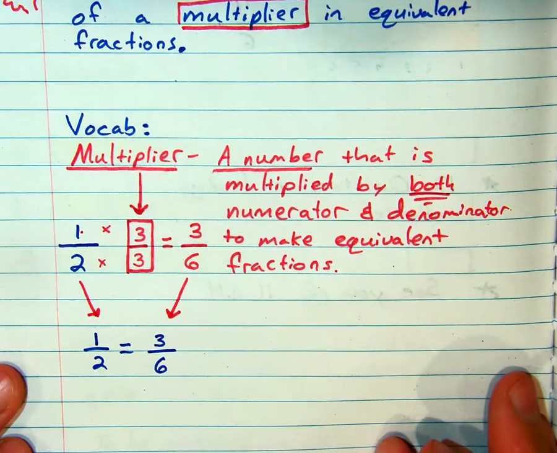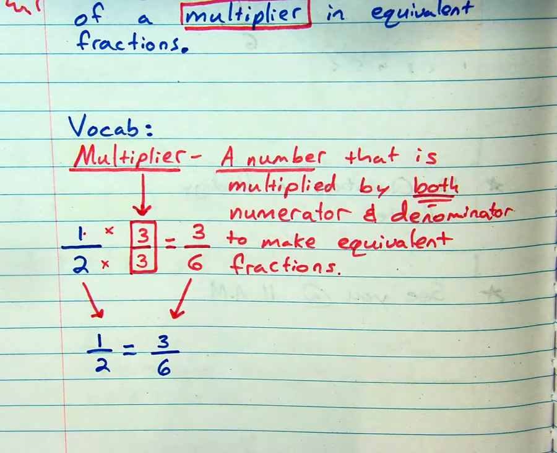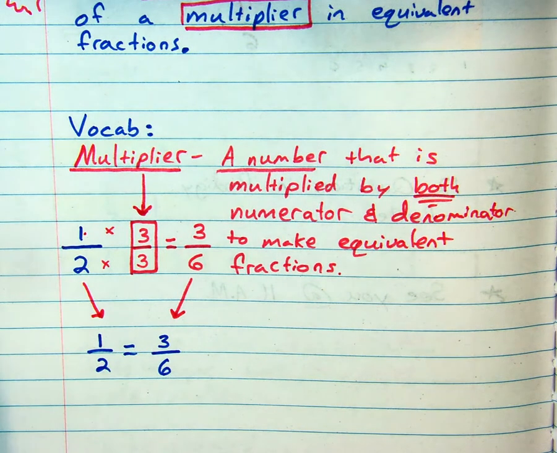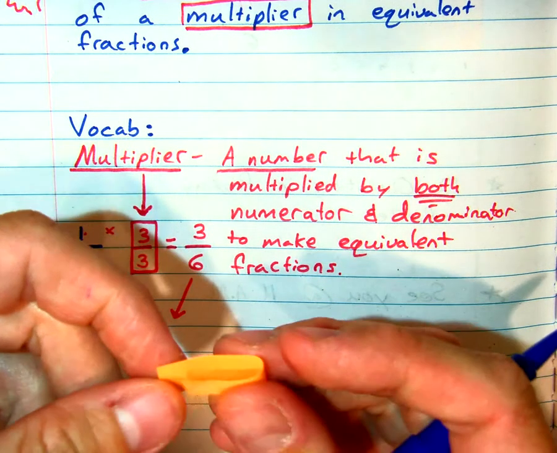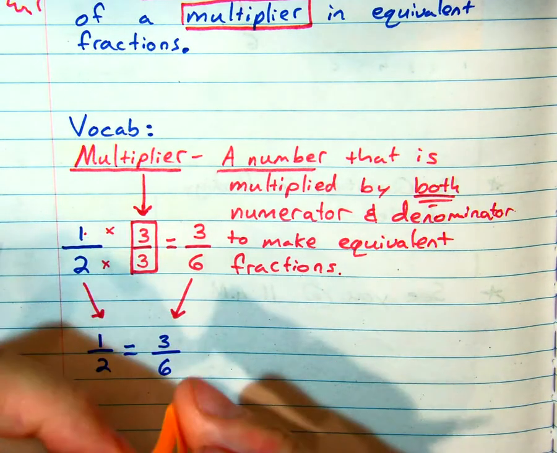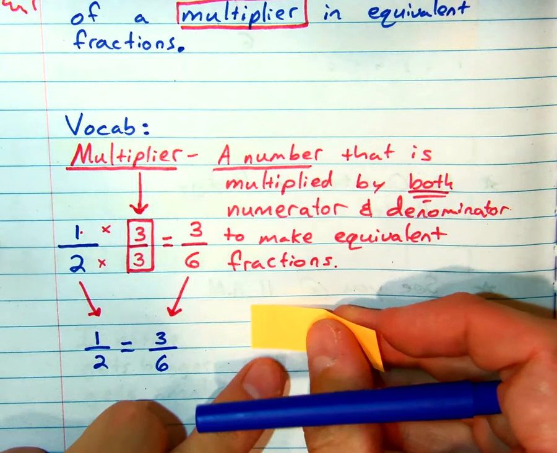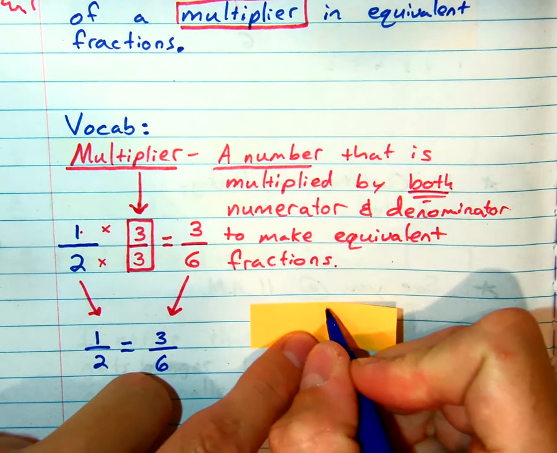Now we can do what we had done earlier, or yesterday, with fraction strips. We use a Post-it strip. Let me represent 1/2. There is that website we used yesterday where we could easily do this with technology.